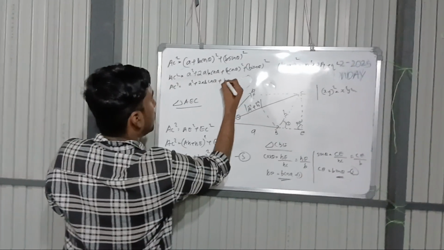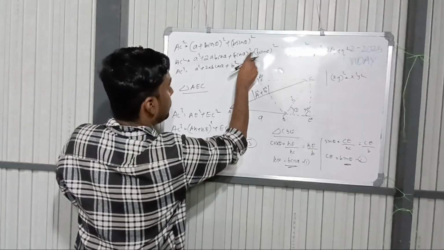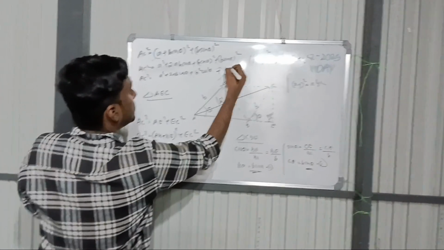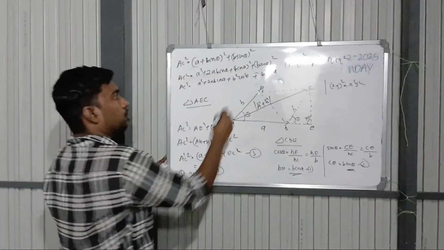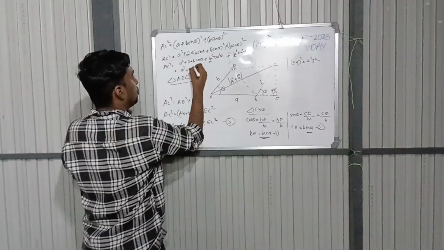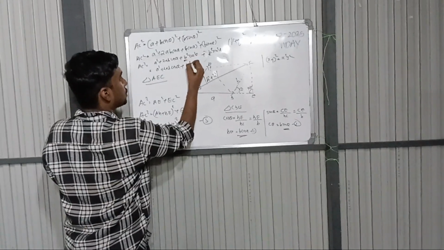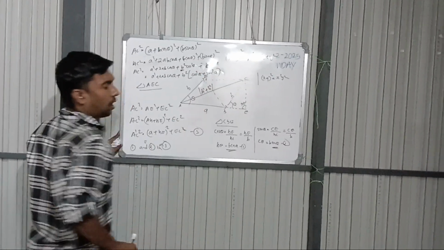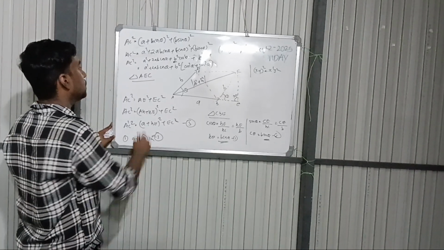So B cos theta whole square is B square cos square theta, and B sin theta whole square is B square sin square theta. In both conditions B square is common, so it comes outside: A square plus 2AB cos theta plus B square into cos square theta plus sin square theta. Then you already know that cos square theta plus sin square theta is equal to 1.